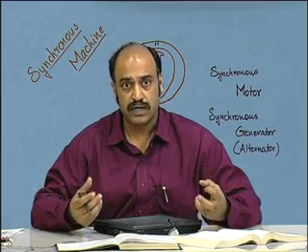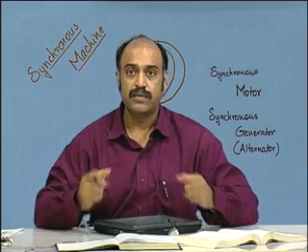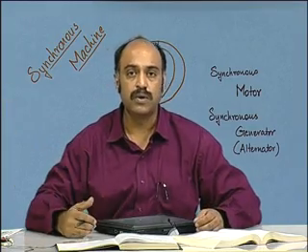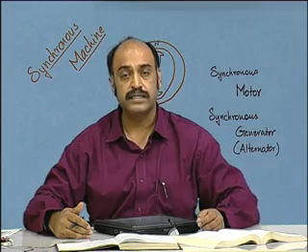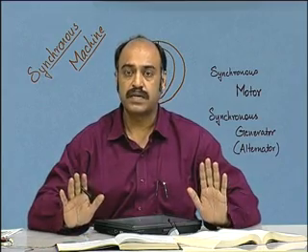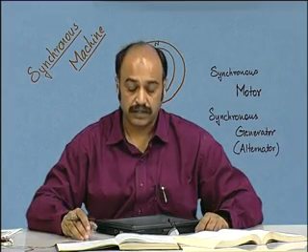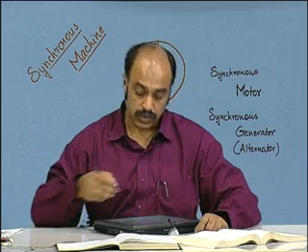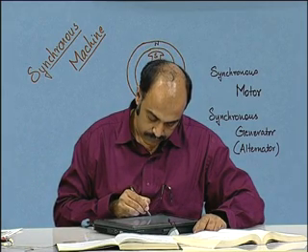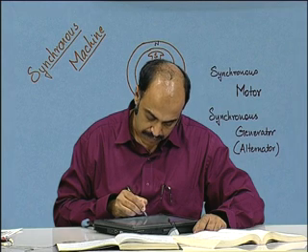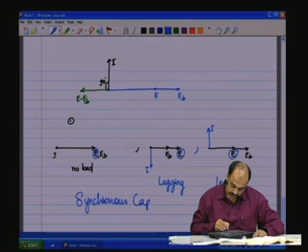So the synchronous motor can act like a capacitor which provides the reactive energy to the downstream load, which is lagging in nature. Therefore the mains is presented with as though a unity power factor. Therefore the synchronous motor is also called a synchronous capacitor if it is used in such applications.